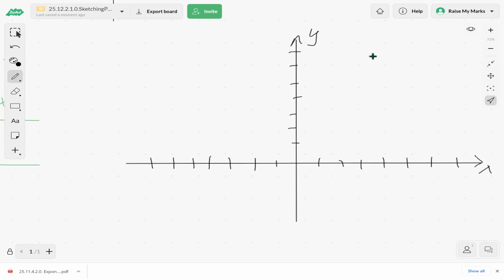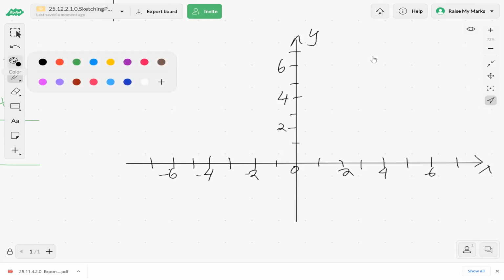All right, let's label things a little bit. Okay, all right, so what do we have?